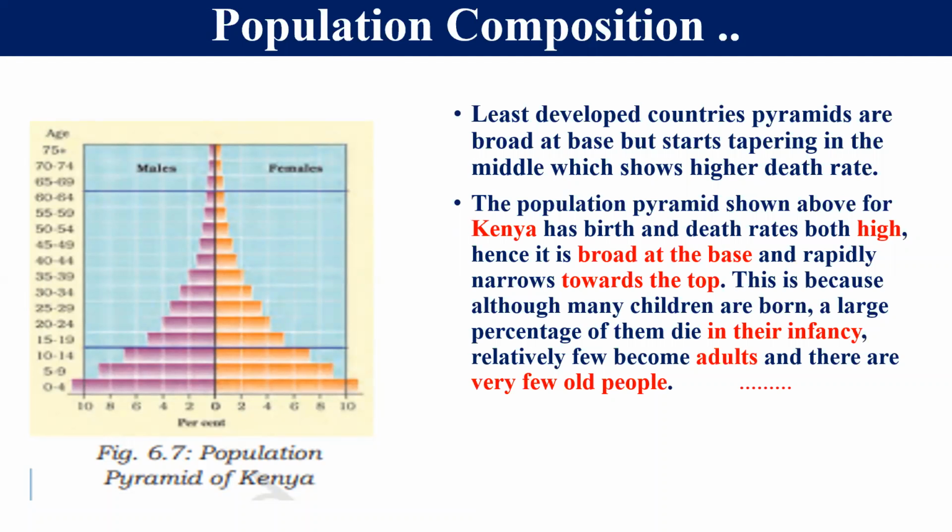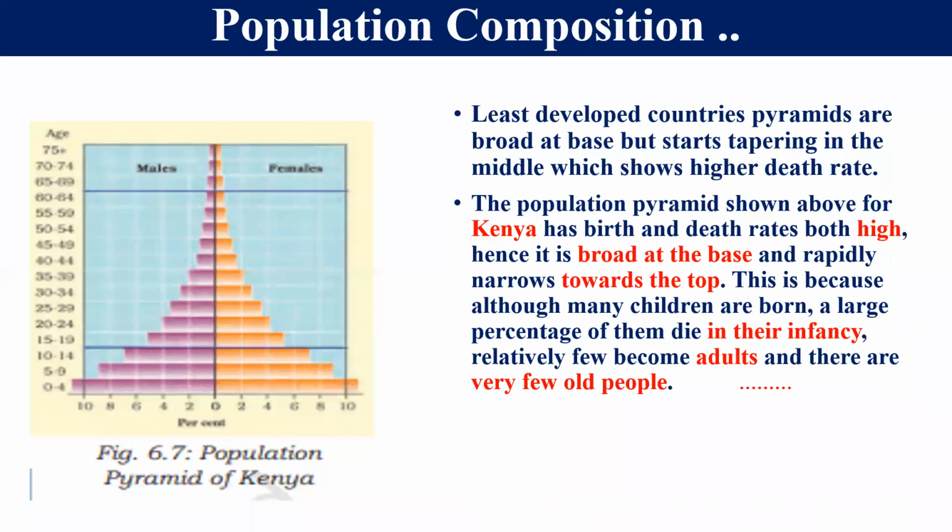You can see the pyramid at the bottom and at the top. High birth rate and high death rate. The reason is that although many children are born, maximum children die in infancy due to lack of medical and healthcare facilities. Very few people become adults, and very few people reach old age.